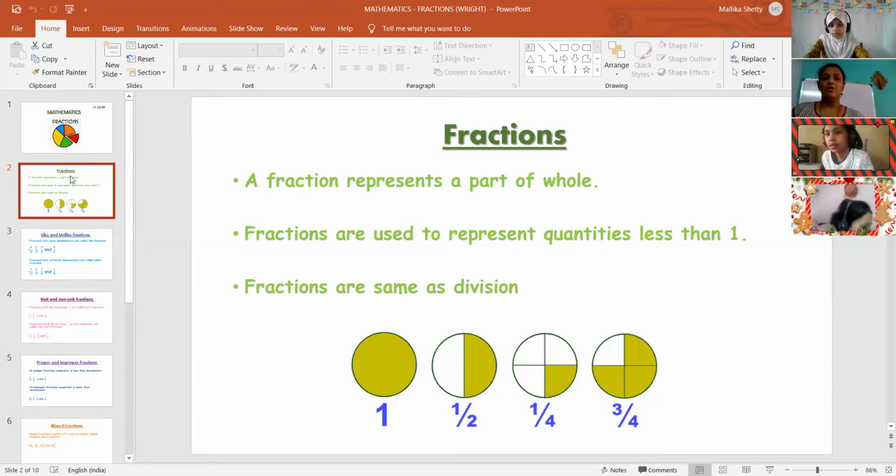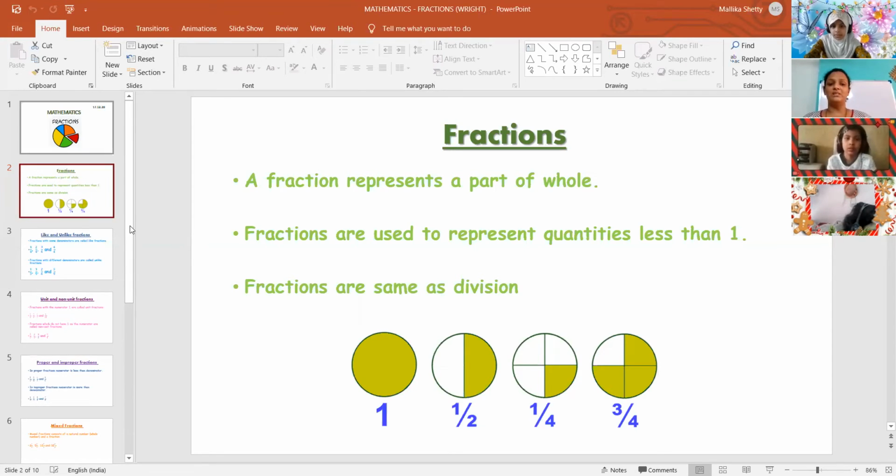Okay. For now, please pay attention on the slide which I've shared. A fraction represents a part of a whole. That is the first image. It's a whole. Fractions are used to represent quantities less than 1. That means 1 by 2, 1 by 4, 3 by 4. They all are less than 1. Fractions are same as division.